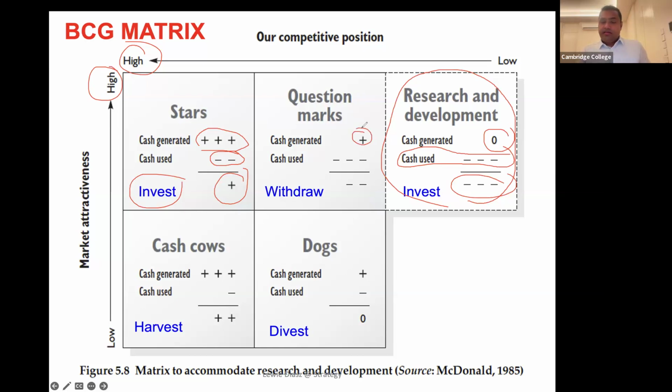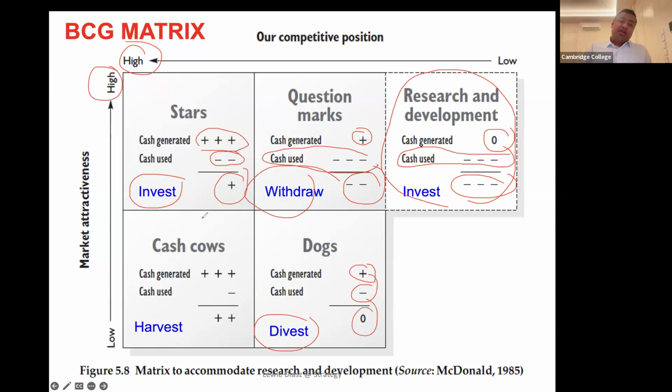Cash generated is low, but cash used is very, very high. You need to withdraw because it's loss making. Dogs, you need to divest, sell it off really fast because the cash generated versus the cash used has a zero effect.